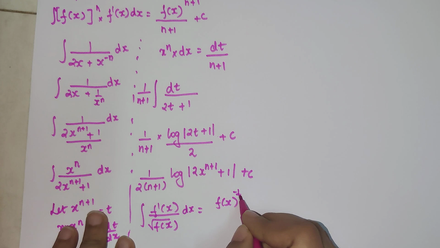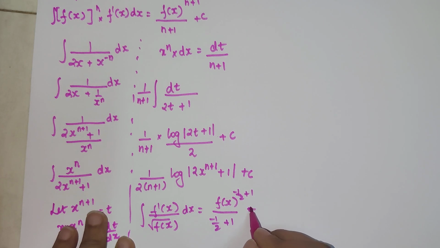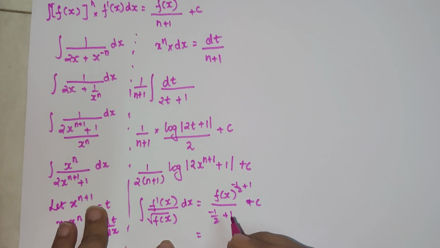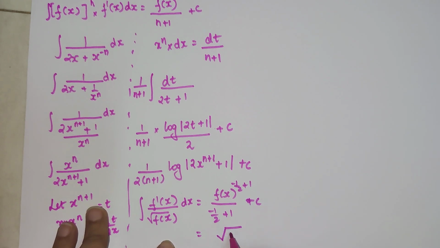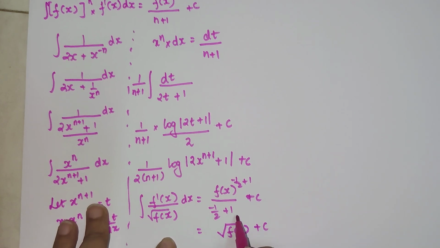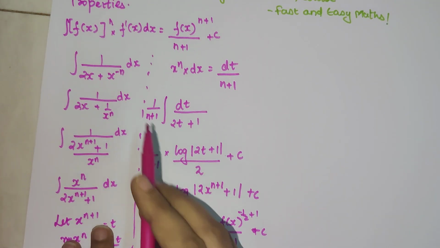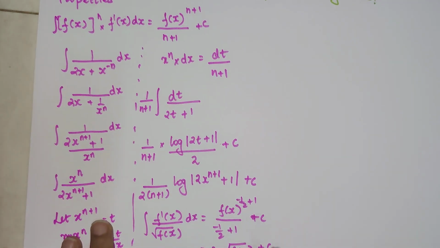So minus half plus 1 upon minus half plus 1, plus c. Sorry. So minus half plus 1 gets you just half. So I can write that as nothing but root f of x plus c. Minus half plus 1 gets you just half, so the 2 will go in the numerator. So this is how your second corollary using this particular property only can be achieved.